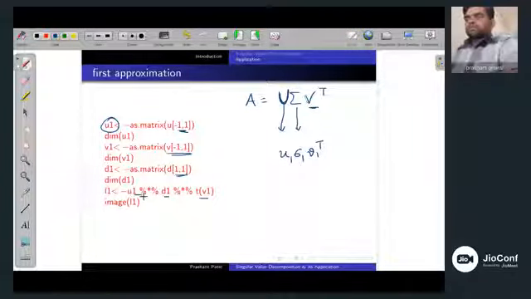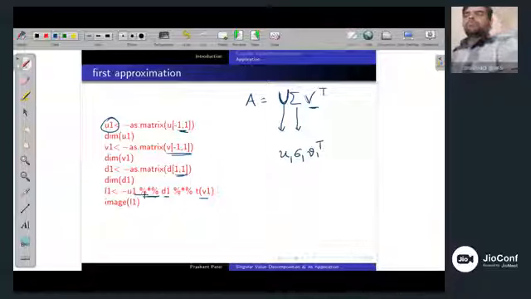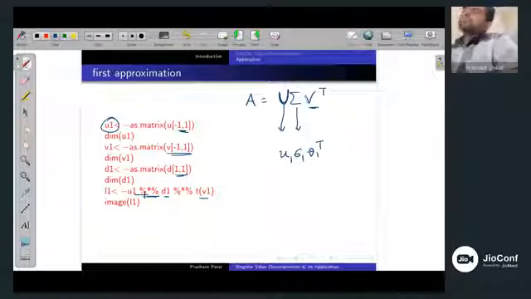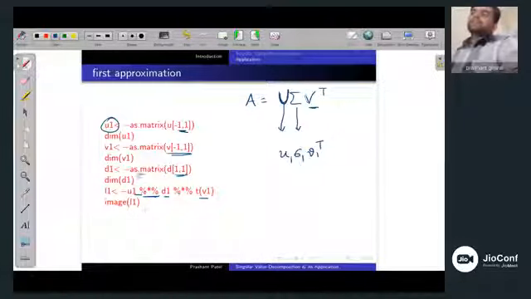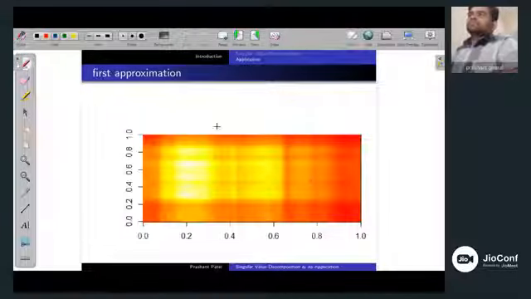This percent-star-percent is the operator to multiply two matrices. Whatever resultant matrix we get, we make the image of that. The image looks like this. So this is the first approximation.